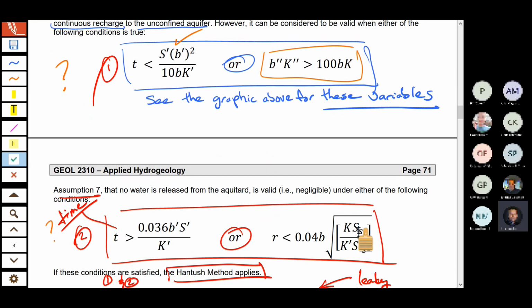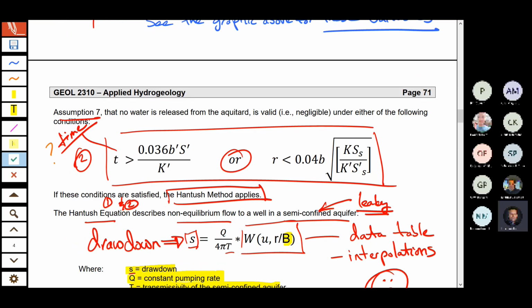And that's going to be choosing one of these sets of equations. I'm just kind of generally looking at it, and I'm going to go for the easier set again because I kind of want to do less work than more. Looks like that time function with respect to B prime, S prime, and K prime is a little easier to calculate than the square root of that other side.